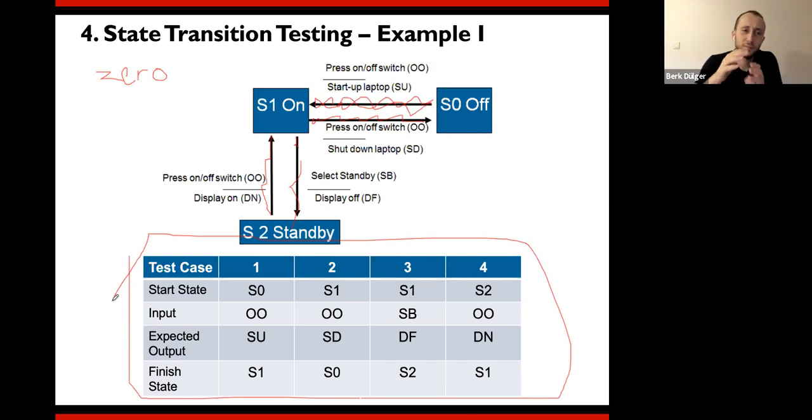But this is not the only coverage. We also have one switch coverage. We can, if we like, use 2 switch coverage, 3 switch coverage.